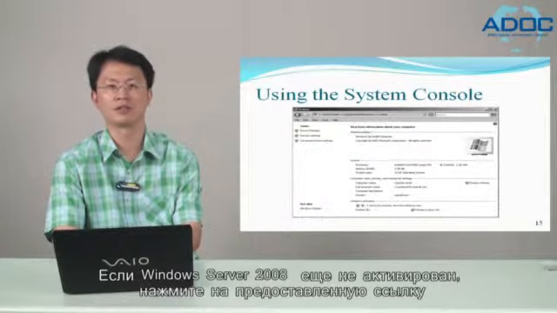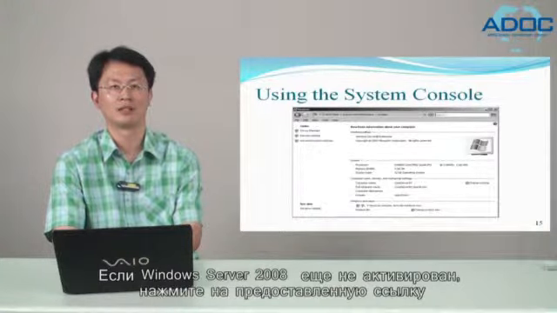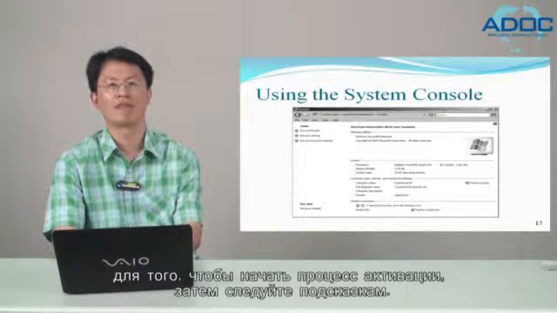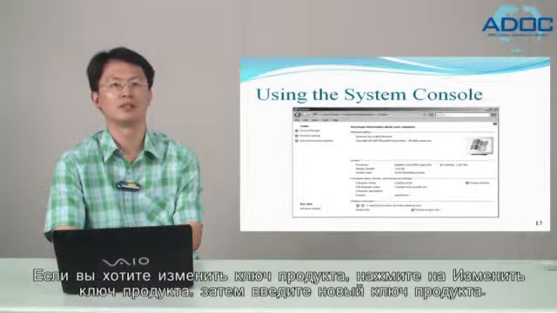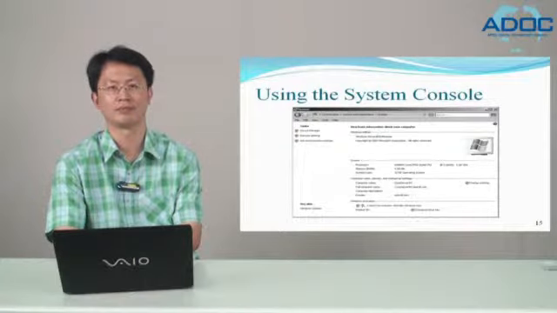If Windows Server 2008 isn't activated yet, click the link provided to start the activation process, and then follow the prompts. If you want to change the product key, click Change Product Key and then provide the new product key.